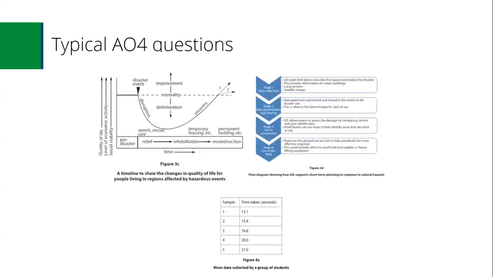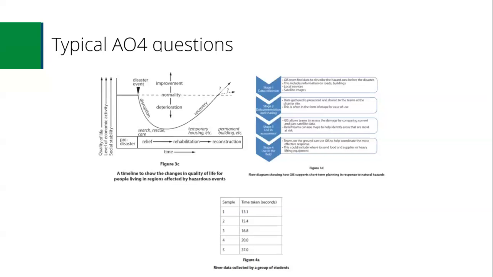Okay. Now, the typical AO4 questions represent the marks awarded for selecting, adapting, and using certain skills. So this is 24 to 25% of GCSE and 10% of this in a fieldwork context.